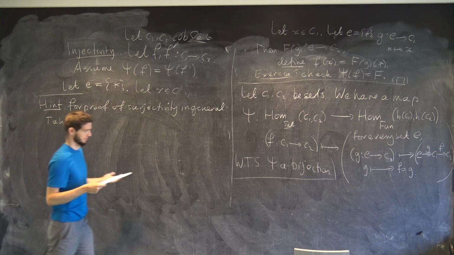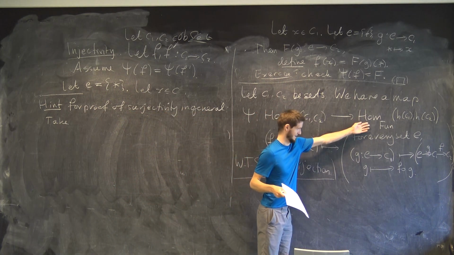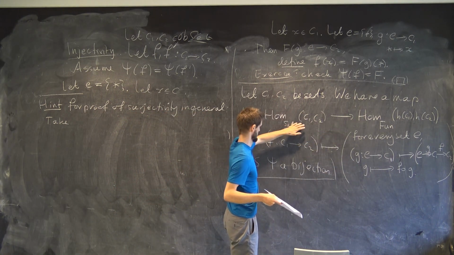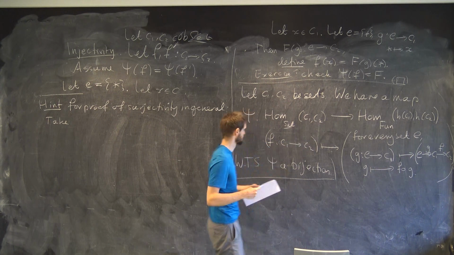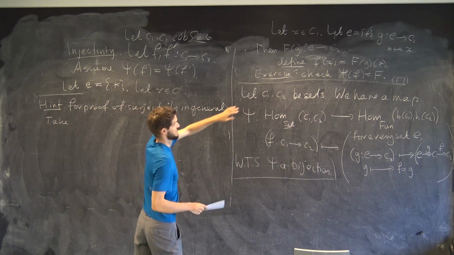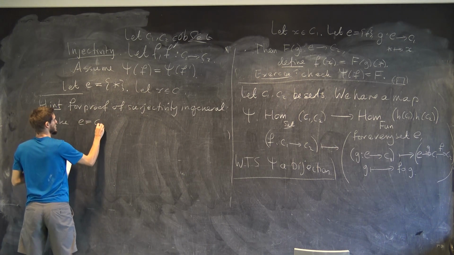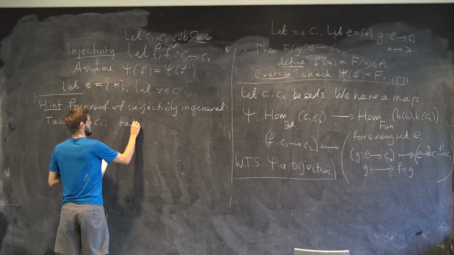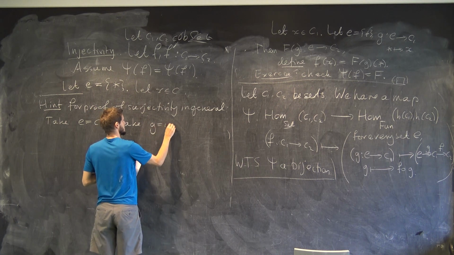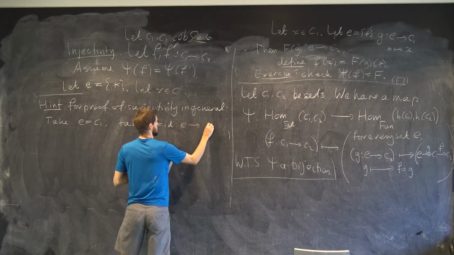So what you want to do is follow the same approximate structure. You start with the natural transformation, capital F here, and you want to build a map from C1 to C2. And again, we're going to take an E, but now this E is more interesting. So take E equals C1, and take little g to be the identity from E to C1.